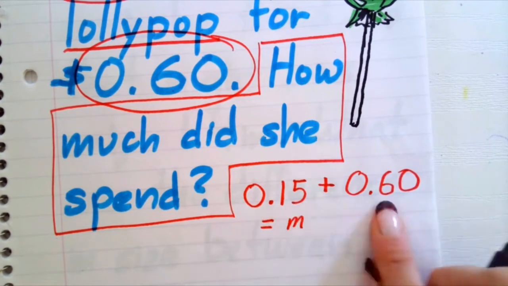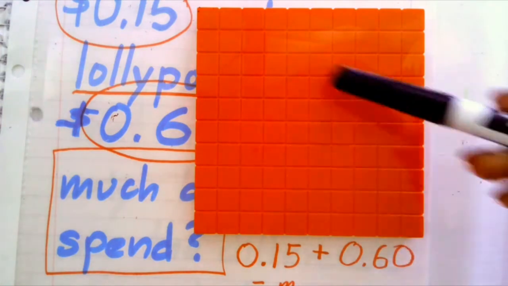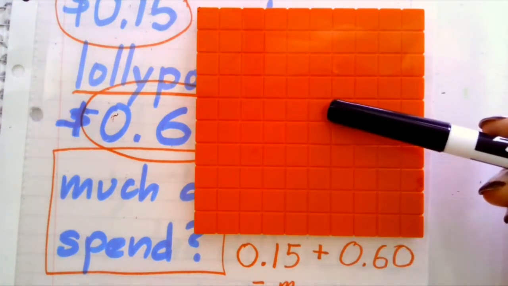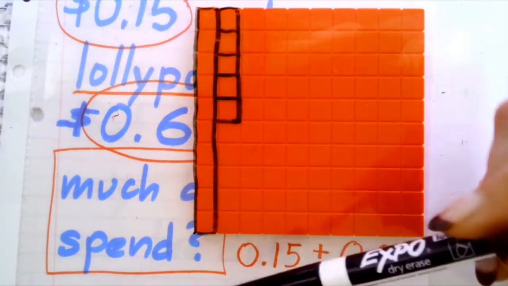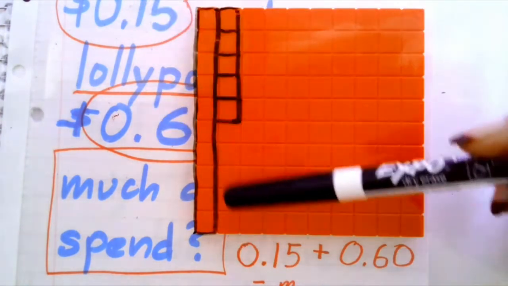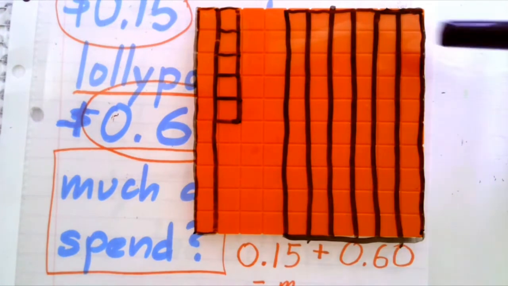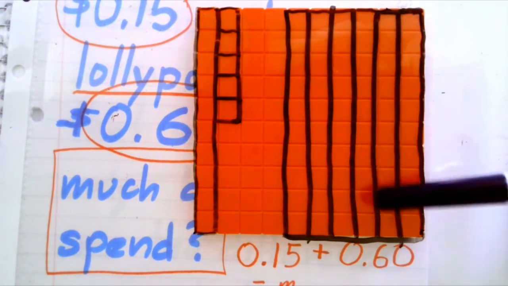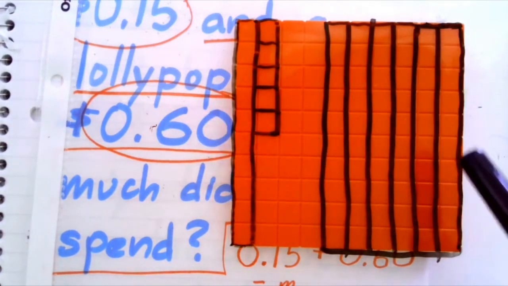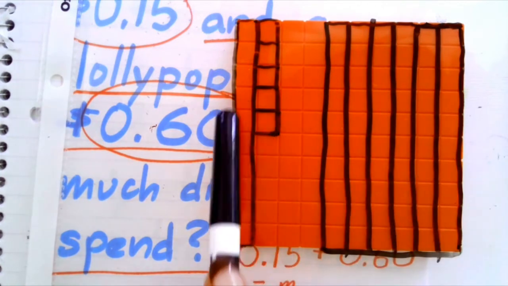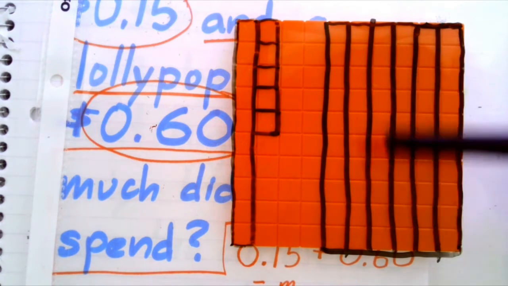What can we do to add these two amounts together? Let's look at what's happening with these numbers using our model. If we put 15 hundredths, that's the same as 1/10 and 5 hundredths. And here are the 6 tenths. So we have the 6 tenths and the 60 hundredths, and 6 tenths, is that the same thing?